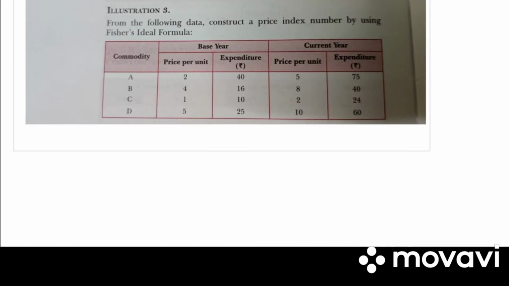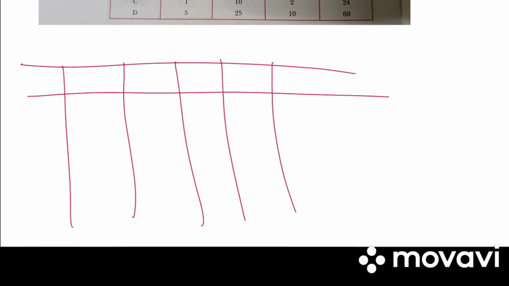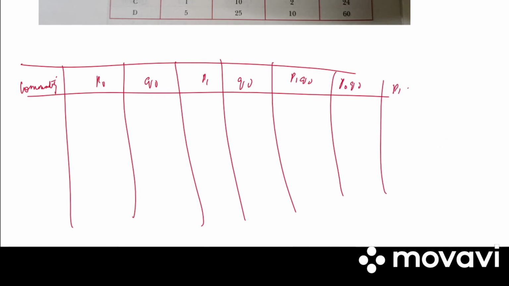Next, illustration 3. From the following data, construct price index number by using Fisher's ideal model. So again, commodity is given: P0, Q0, P1, Q1, and then P1 Q0, P0 Q0, P1 Q1, P0 Q1.